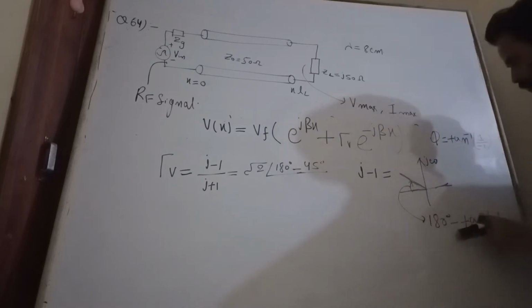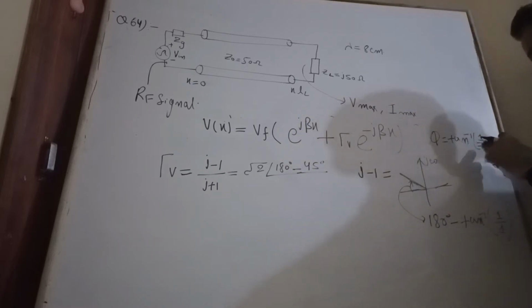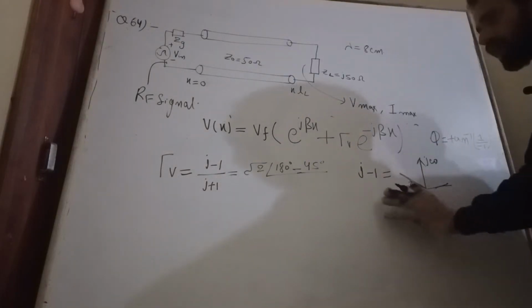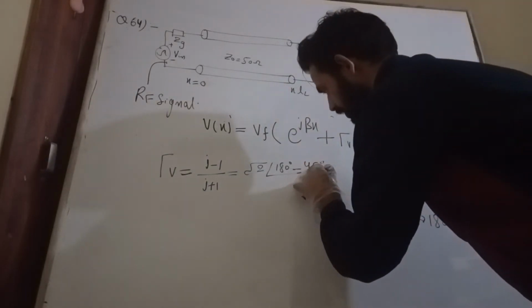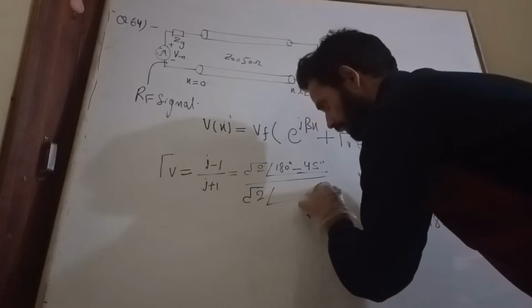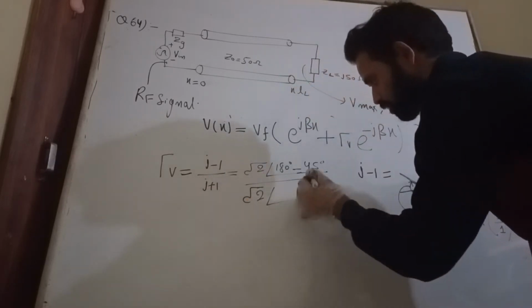Therefore we have to write 180 degrees minus tan inverse with a positive quantity inside. That is the way to write every angle. Now see the denominator: this is nothing but root 2 with an angle. Both quantities are positive.